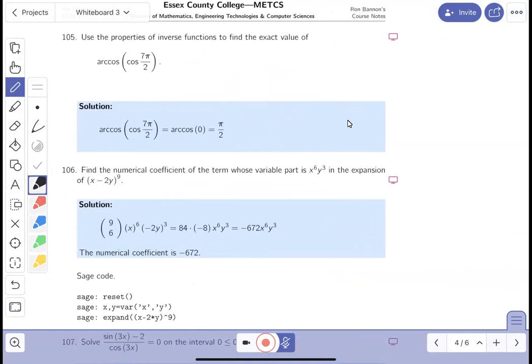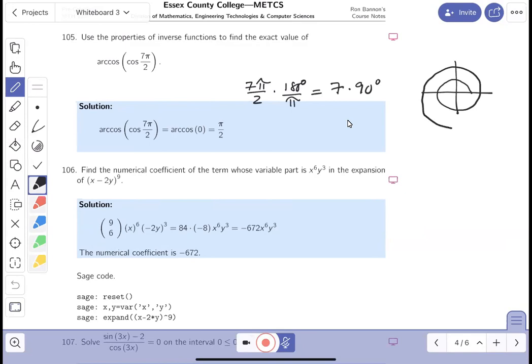All right. The first thing I do is I'm just going to convert 7 pi over 2 to degree measure. And that's 7 times 90 degrees. Now, someone says, could you multiply that? Of course I could. But I got to be honest with you, I'm not interested. I'm interested in doing 7 90s. 1, 2, 3, 4, 5, 6, 7.